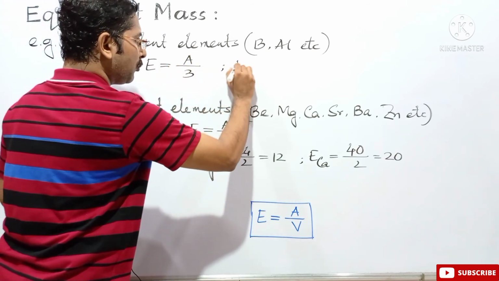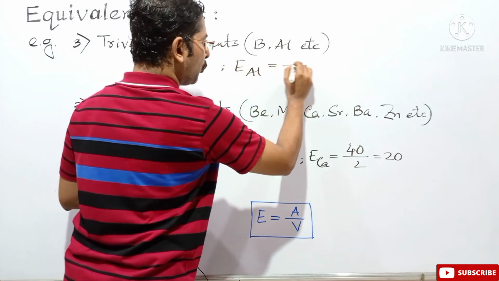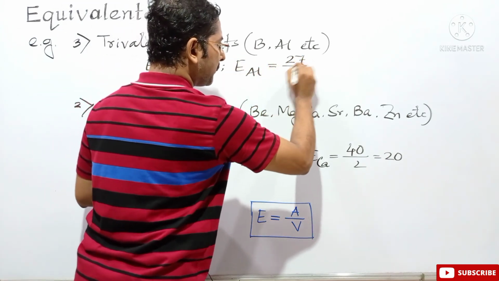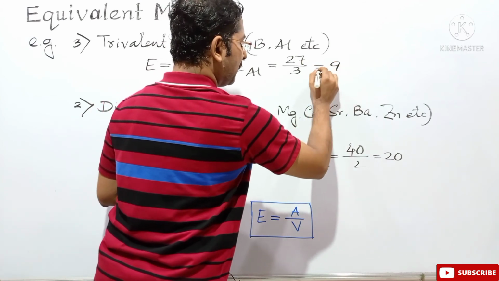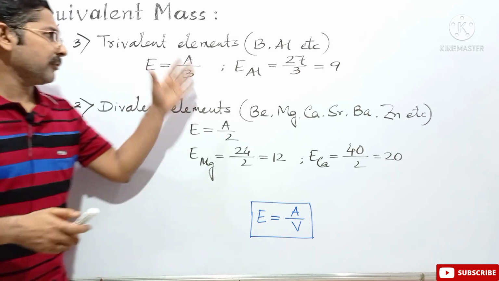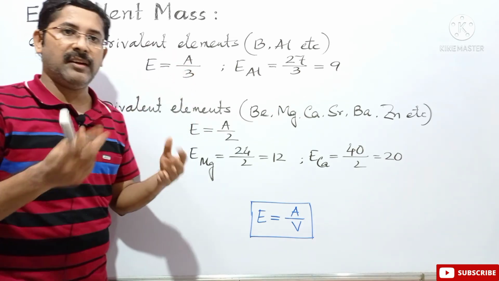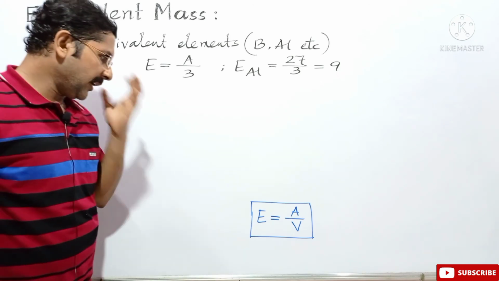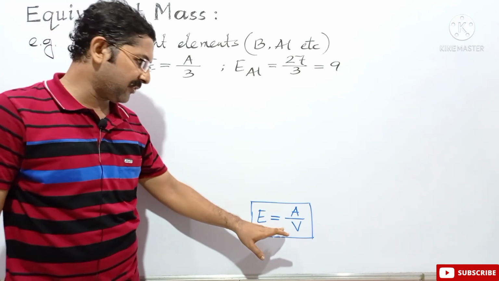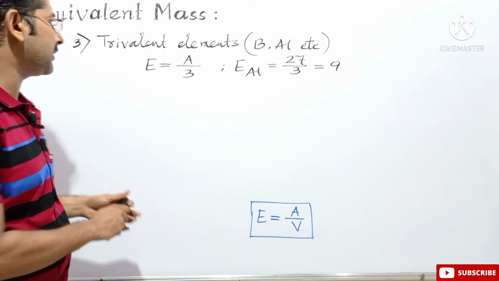For example, equivalent mass of aluminium is nothing but 27 by 3. This is 9, right? So far so good, but there are many elements which have variable valency. So for the elements having variable valency, the valency factor changes, so the equivalent mass changes.